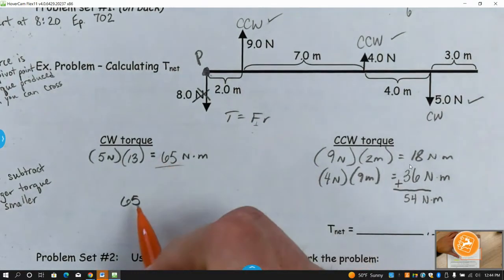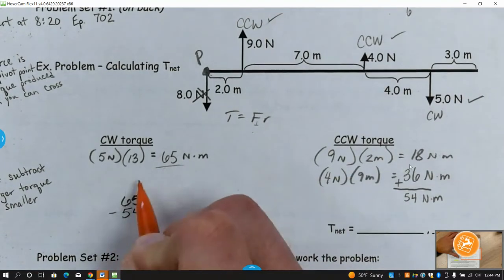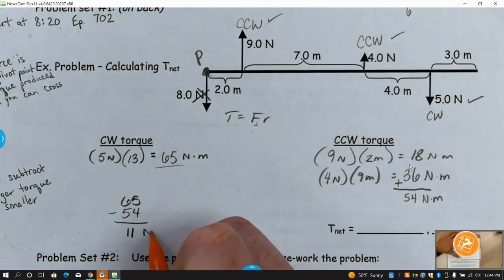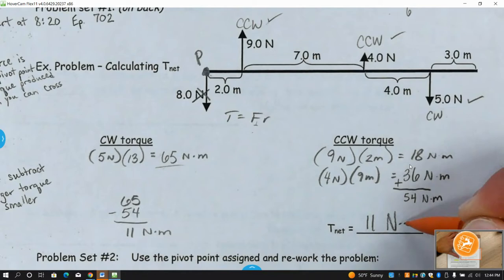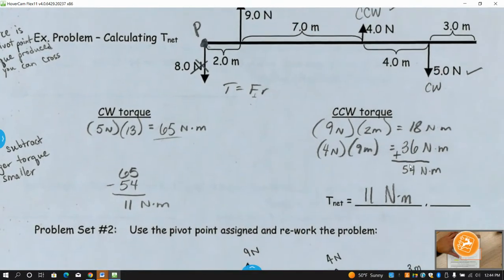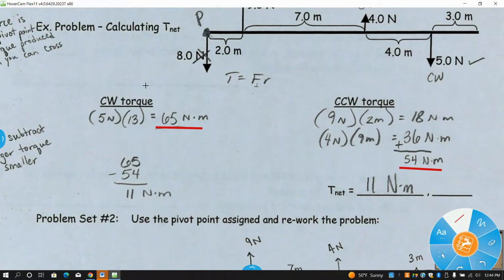In this case, we subtract: 65 minus 54 gives me 11 Newton meters. So the net torque is 11 Newton meters, and in what direction? Which value was the larger of the two? Clockwise. Correct, the 65 is greater than the 54.